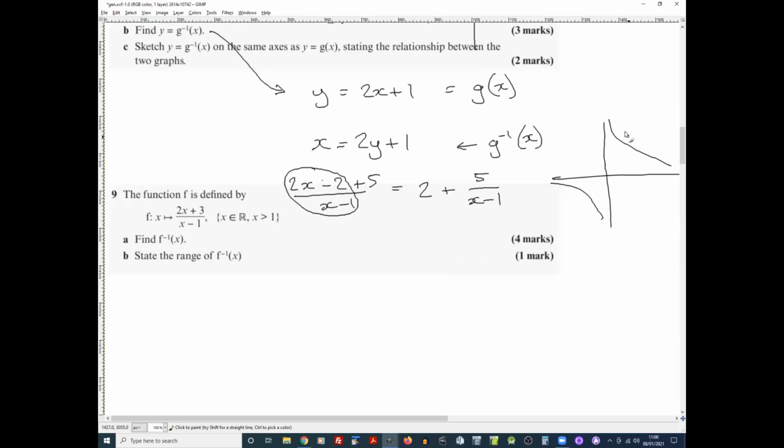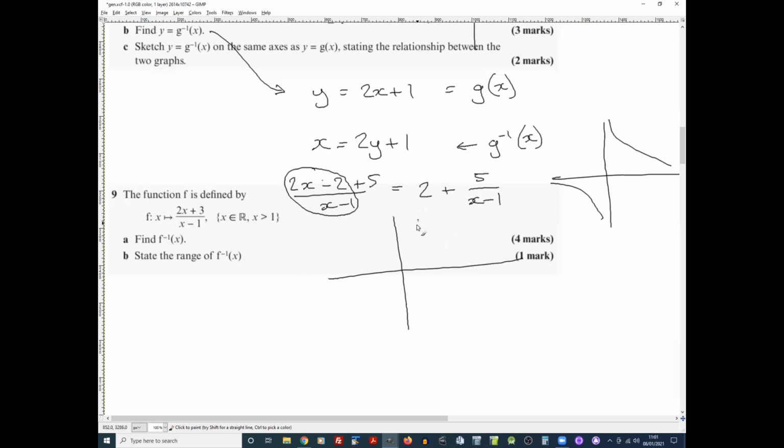So you've basically got that scaled a bit and translated 2 ways. I thought it was going to have a slanted asymptote, but no, it's just two translations from that.